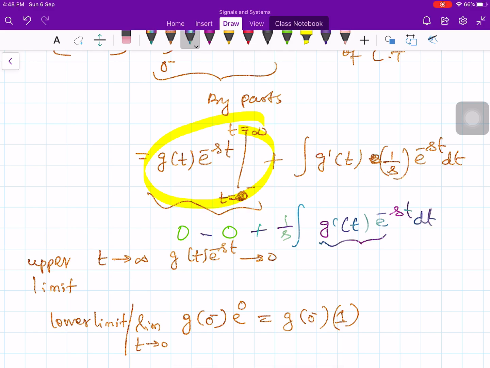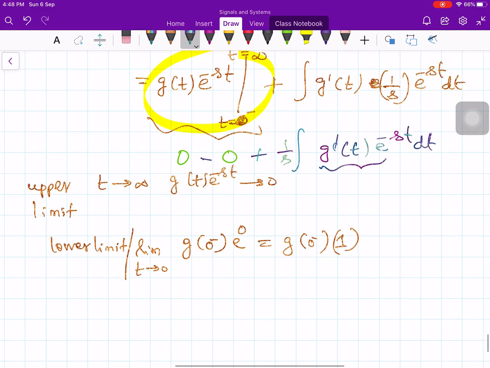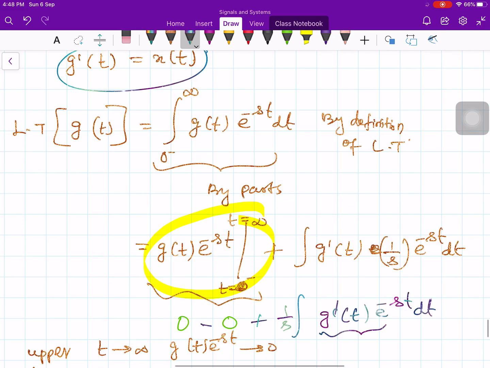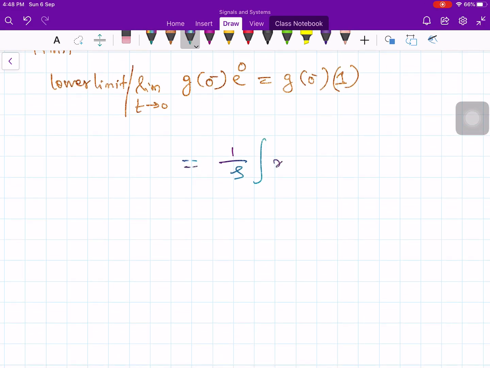So u dv equals uv minus integral of v du. Therefore this is 1 over s times the integral of g dash of t, and g dash of t is equal to x of t, so x of t e to the minus st dt.